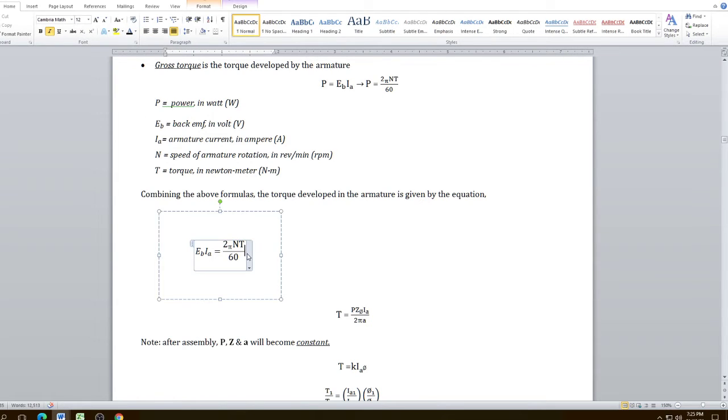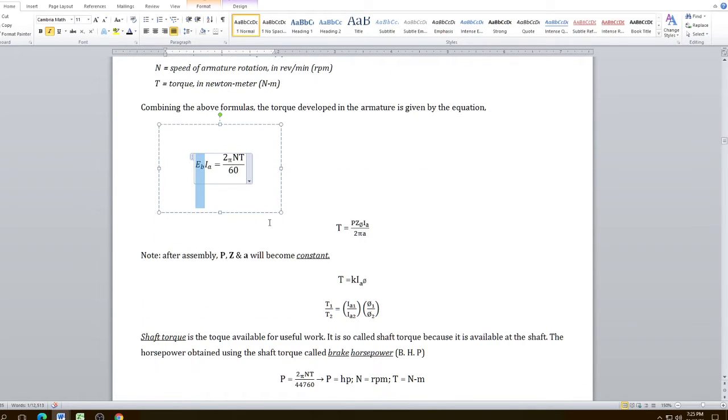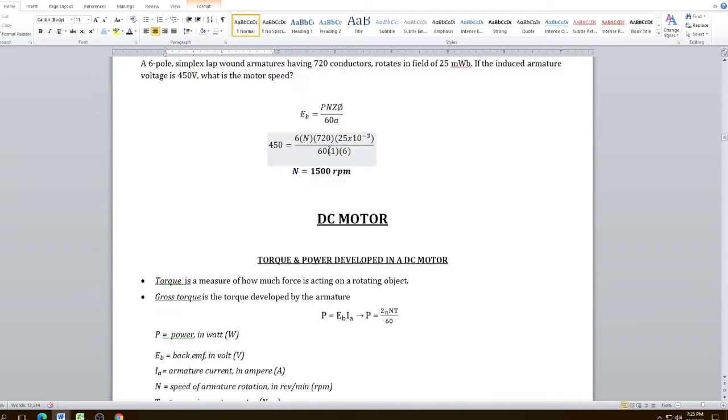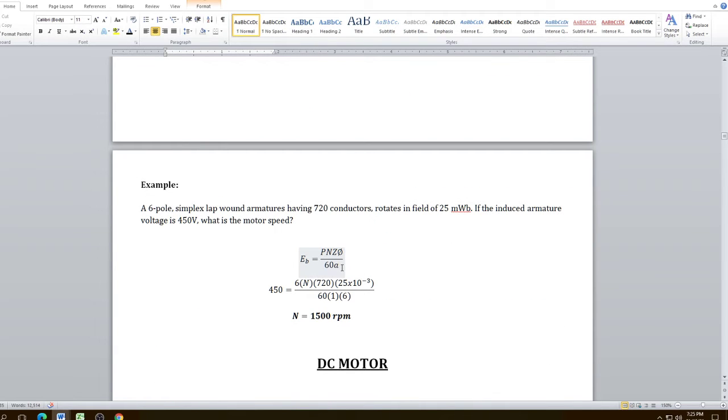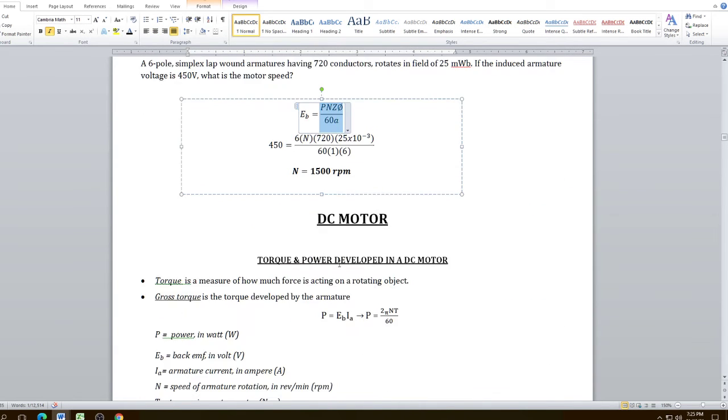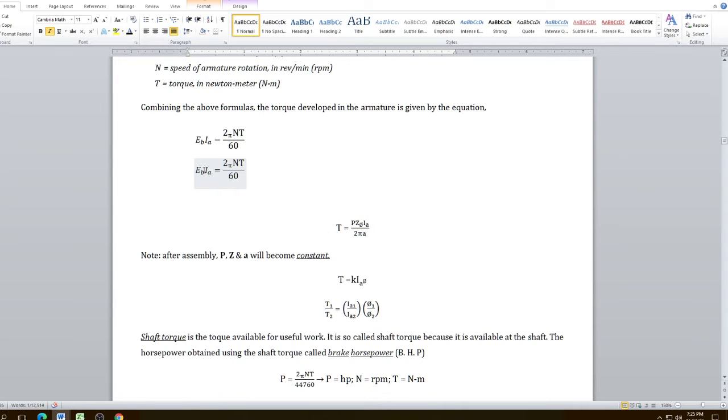But the back EMF is equal to this expression, so substitute it here.